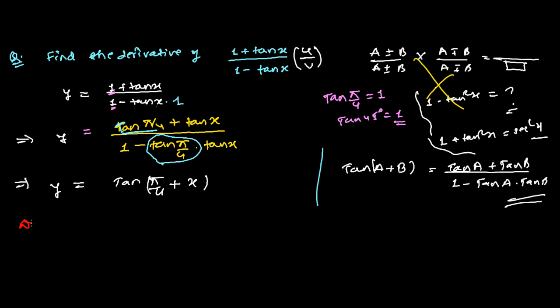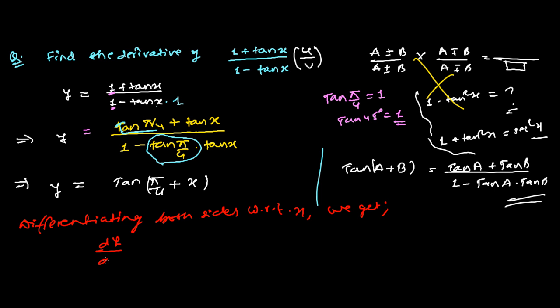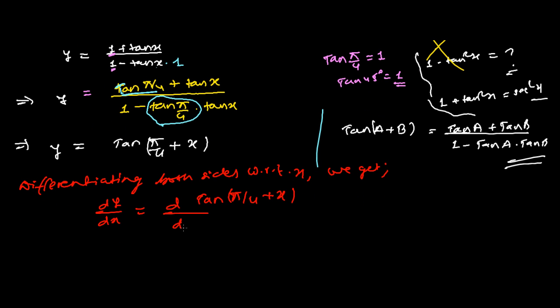So differentiating both sides with respect to x, we get dy over dx is equal to the derivative of tan of pi by 4 plus x, divided by dx. But one thing again, this is x and the angle is different, so we always have to differentiate with respect to its angle.